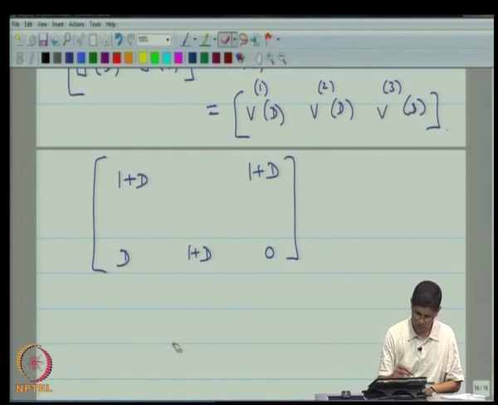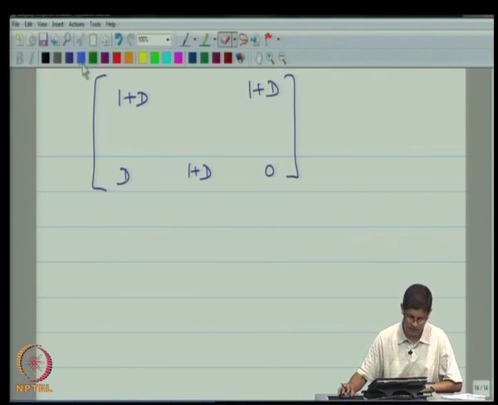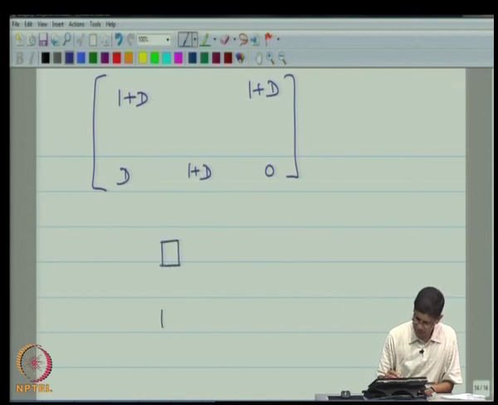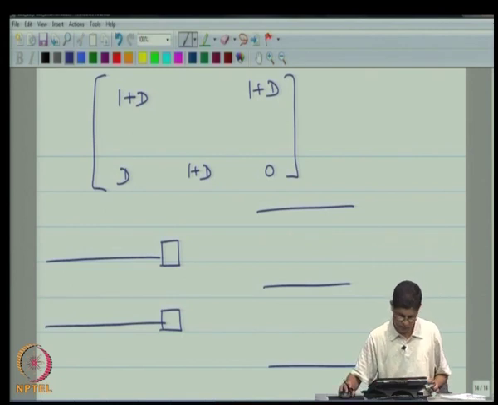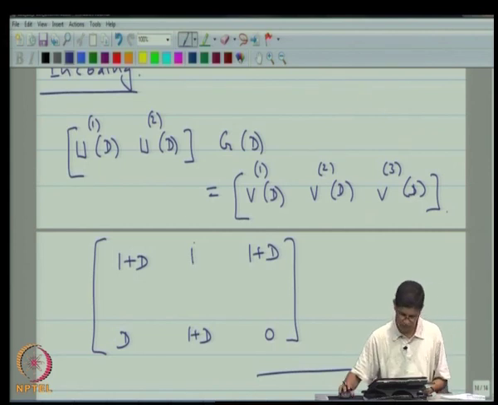Okay, so, this was our generator matrix, and just keeping an eye on this, we will be able to draw the encoder. It is apparent that there are two input lines and that there is a single memory unit on each of the two input lines. So, there are two input lines like this and there are three outputs 1, 2 and 3. Let us see, we are missing an entry here, that should be a 1. Okay.